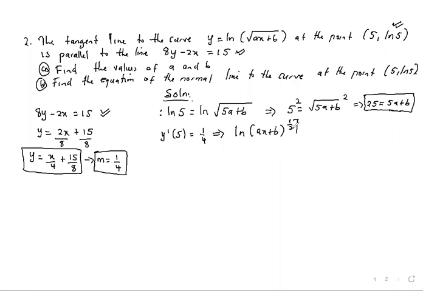We want to differentiate this. To differentiate this function, you differentiate the inner. So we get half ax plus b, subtract the 1, and then multiply by a, and then divide by the whole thing, which is the root of ax plus b.